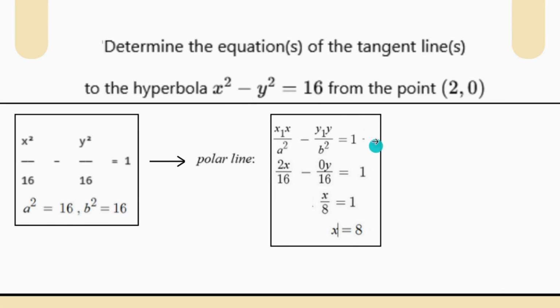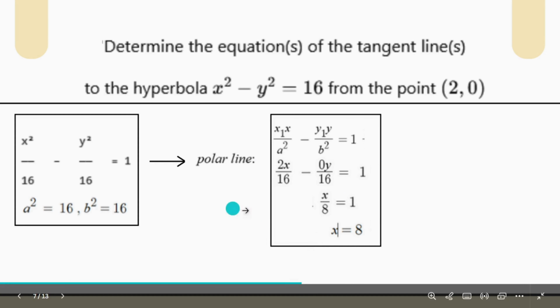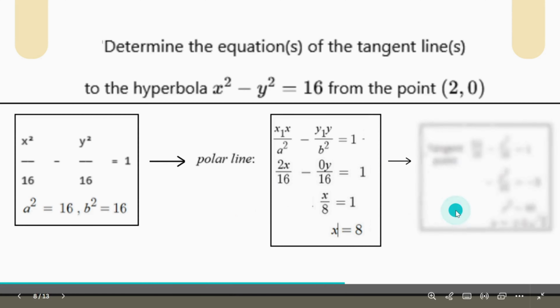We already know the equation of the polar line: x1 x over a squared minus y1 y over b squared equals 1. Here x1 is 2 and y1 is 0, so 2x over 16 minus 0 times y over 16 equals 1. And we get the equation of the polar line: x equals 8.